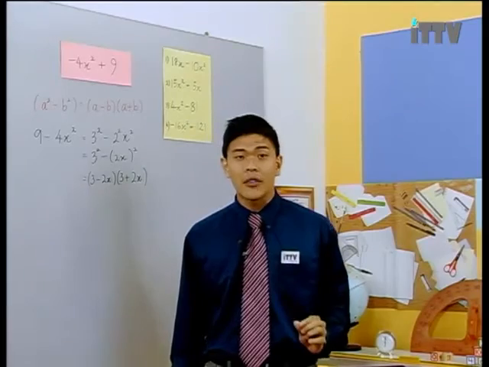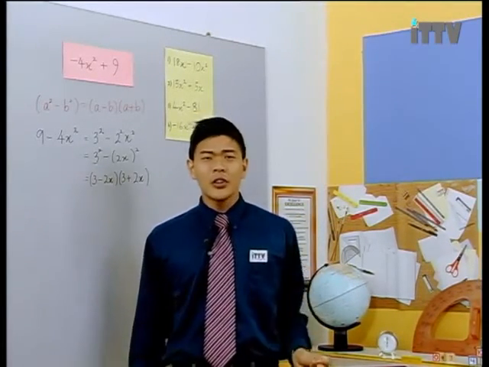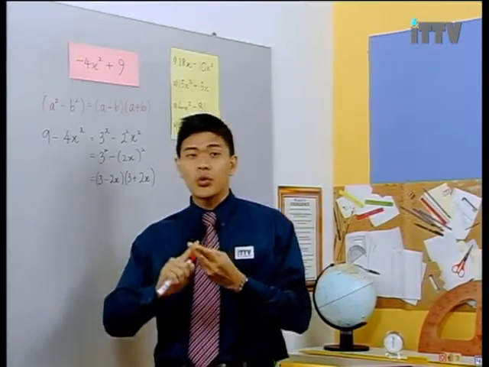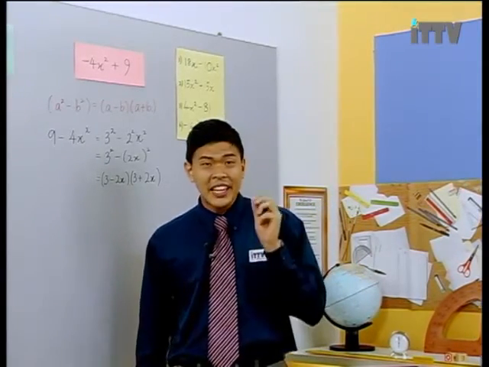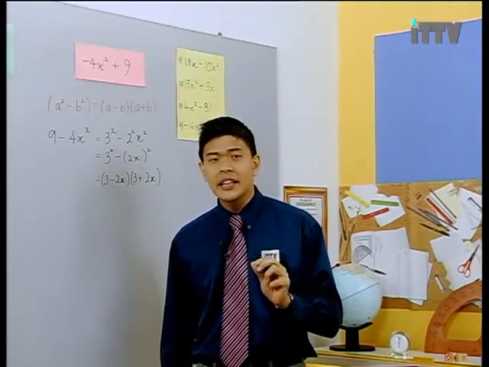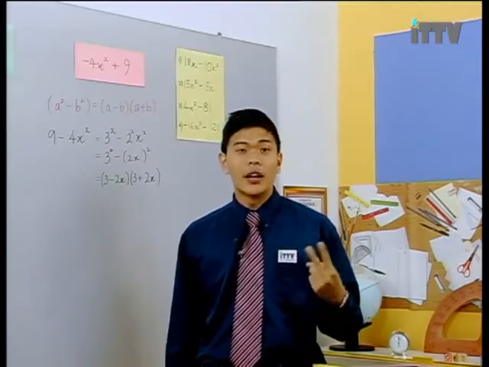So far we have covered 3 categories. They will not tell you whether the quadratic expression belongs to category 1, 2 or 3. It's up to you to look at the quadratic expression carefully and identify which category it is, and from then on you can see what the steps are, whether it's the 3-step or the 2-step.